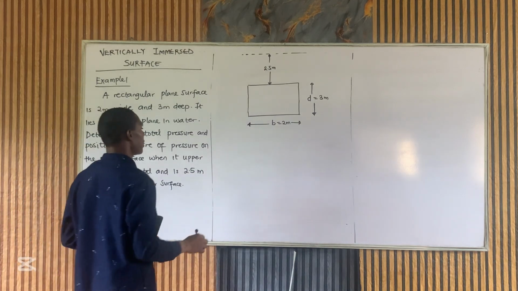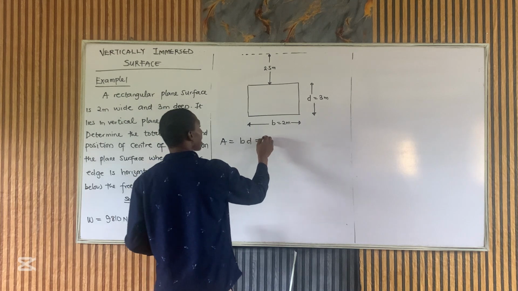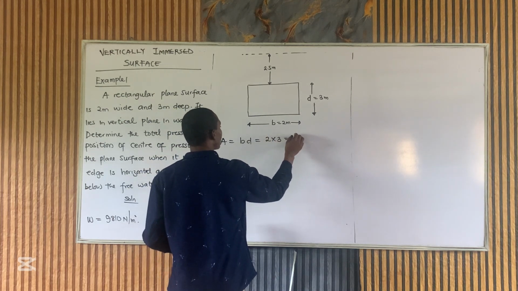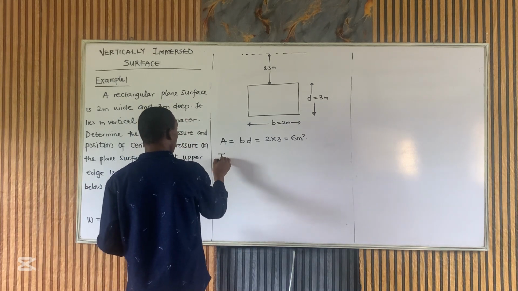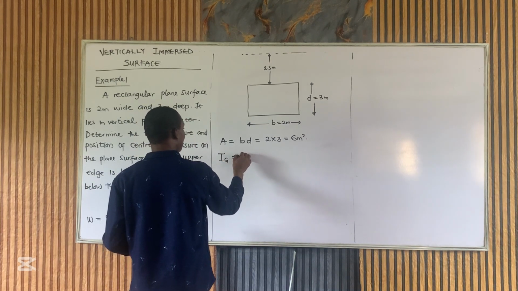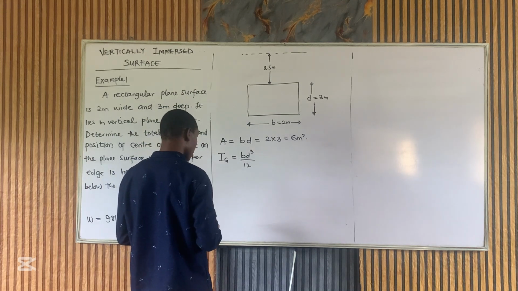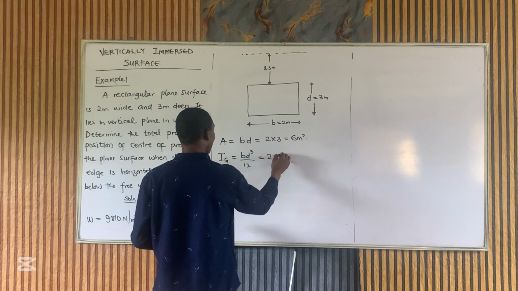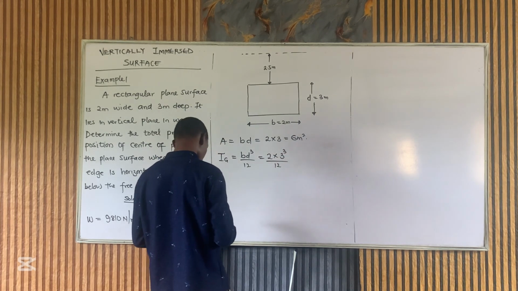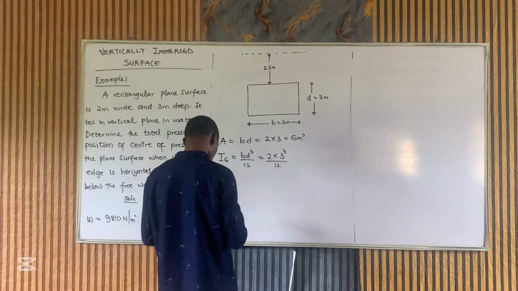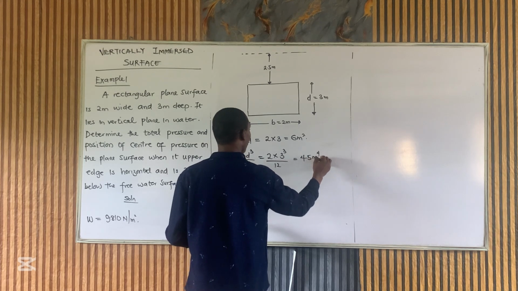Again, let's calculate the area of this shape. The area of this shape is given as B times D, which is base times depth, which is 2 times 3, 6 meters square. Again, let's calculate the moment of inertia of this shape. That's given as BD cube over 12. And that simply will give us 2 times 3 cube over 12, which is 4.5 meter raised to power 4.